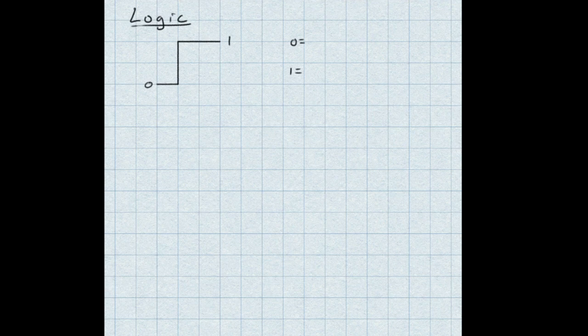When we think about logic, we think about things as either being true or false. And in the way that we conceptualize this for electrical and computer engineering, we think about logic as having either a 1 or a 0 value, where 1 is true and 0 is representing false.